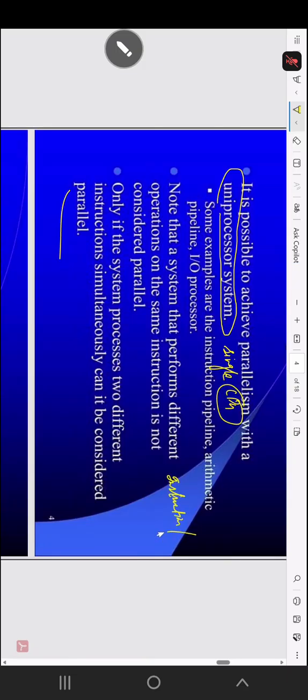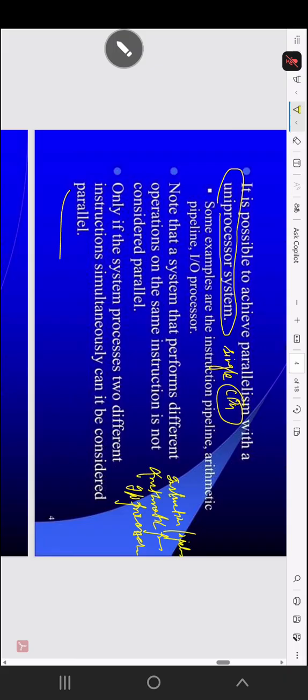Is it clear? Even a uniprocessor system can perform parallel operation by overlapping different stages of instruction execution. This is achieved using pipelining or concurrent processing with the CPU.